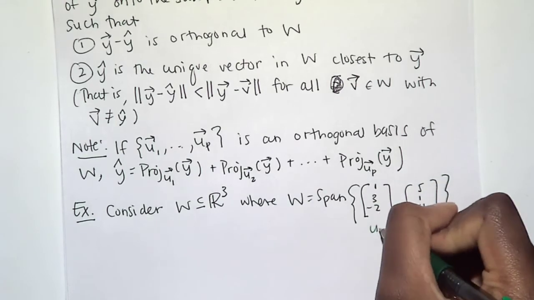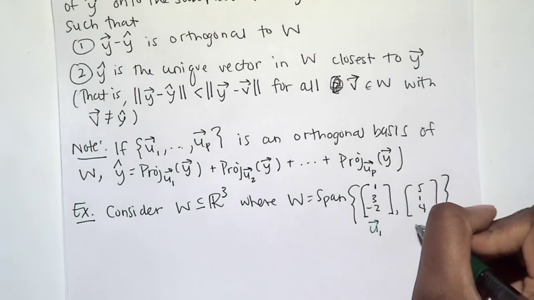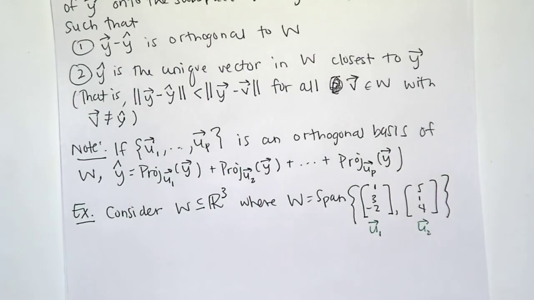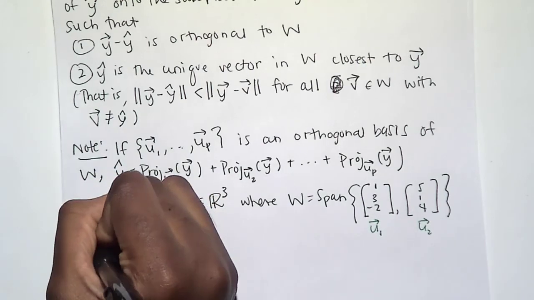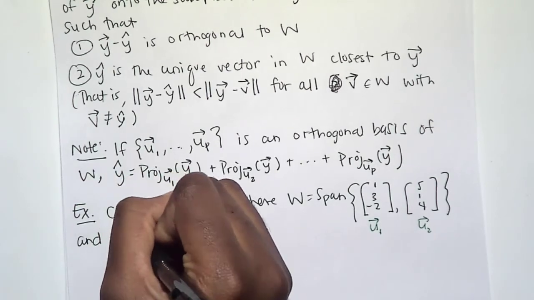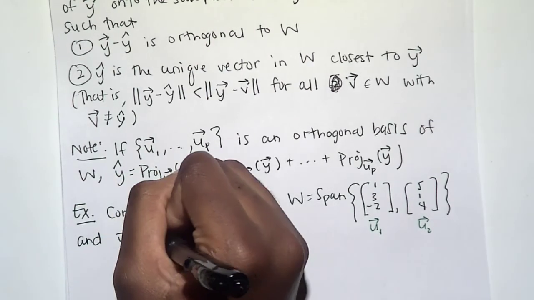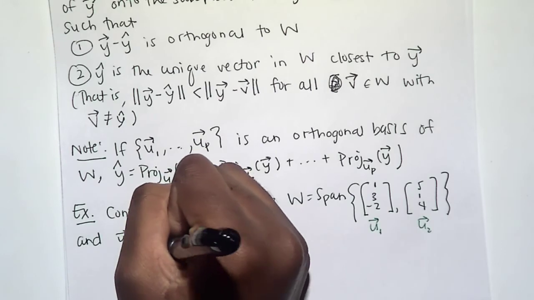So this is like our U1 and our U2. Everything in W is going to be defined as a linear combination of these two. And also, we're going to define our vector y as 1, 3, 5.